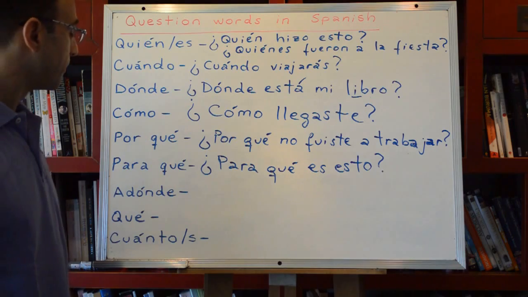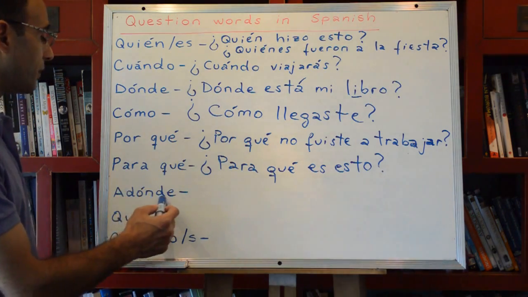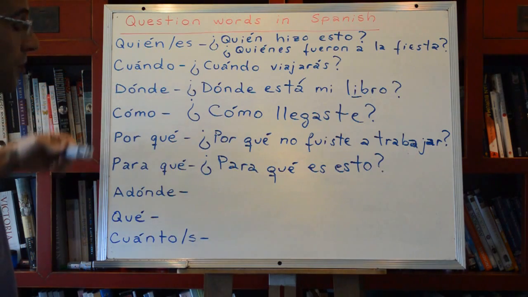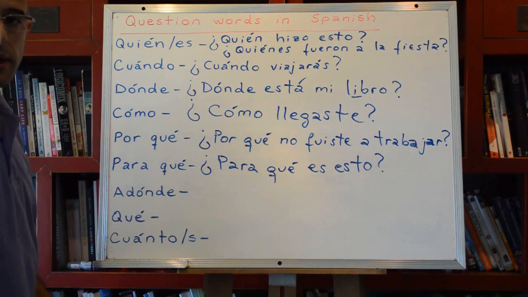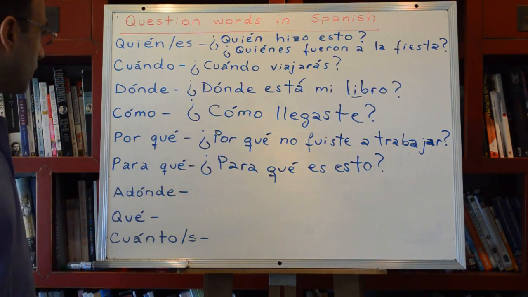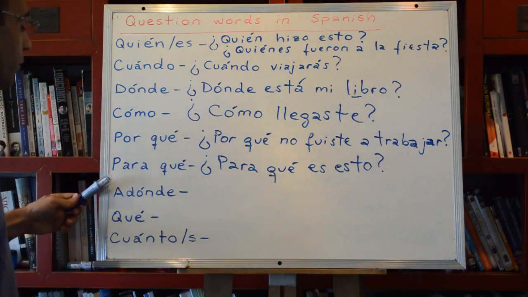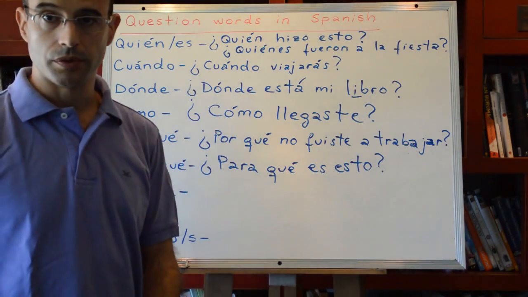What is this for? ¿A dónde? See? ¿A dónde is very similar to donde. It just carries an A before the D. So, while donde means where, ¿a dónde means where to?